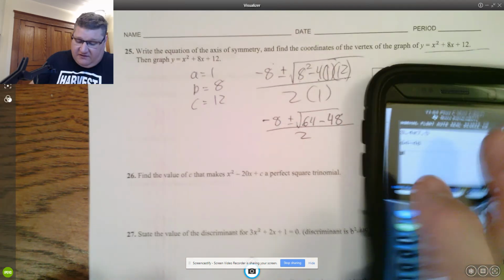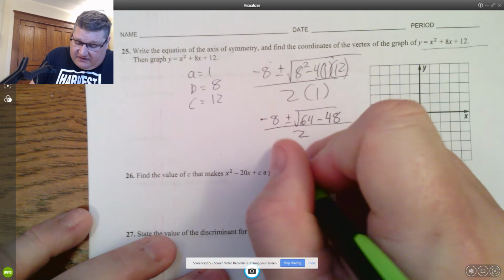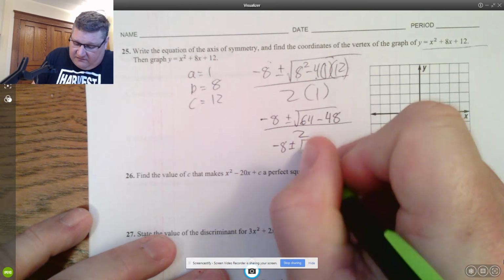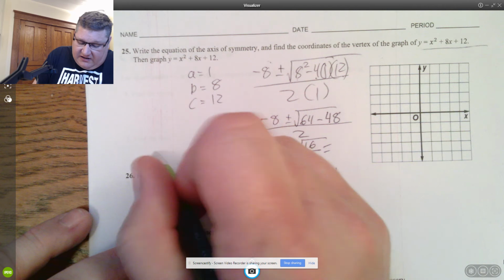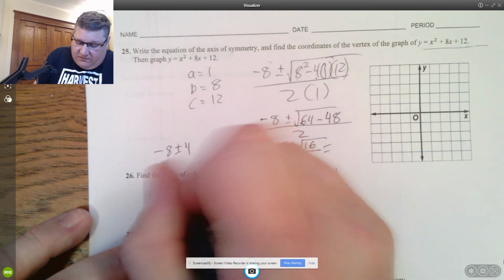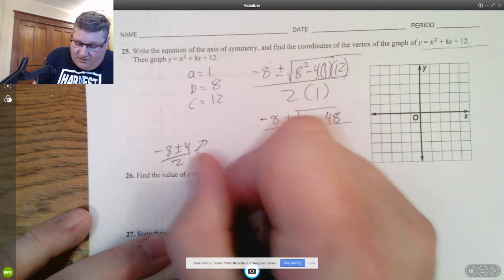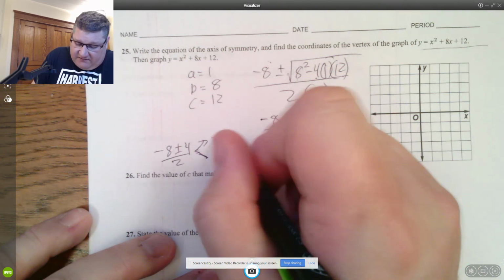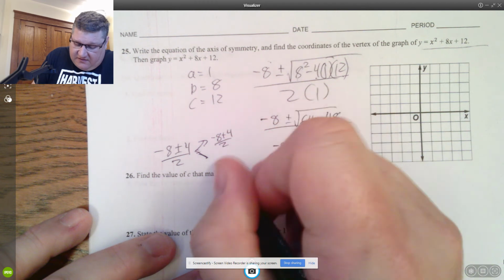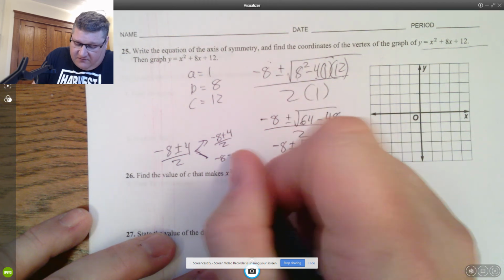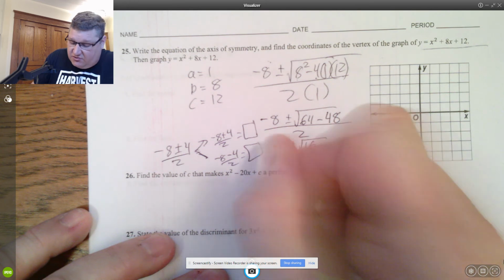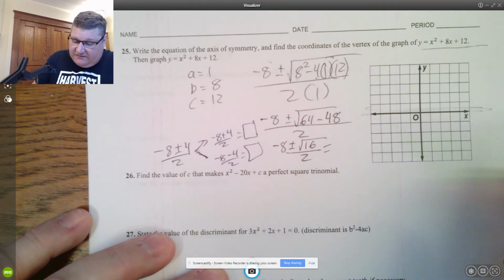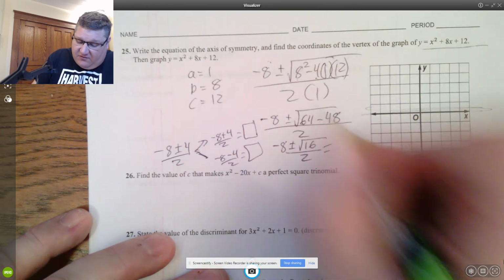Well, that's awful nice, because now I can say negative 8 plus or minus root 16 all over 2. Well, that means negative 8 plus or minus 4 over 2, which gives us negative 8 plus 4 over 2, negative 8 minus 4 over 2, and you can find those two solutions, and those are going to be your x-intercepts.